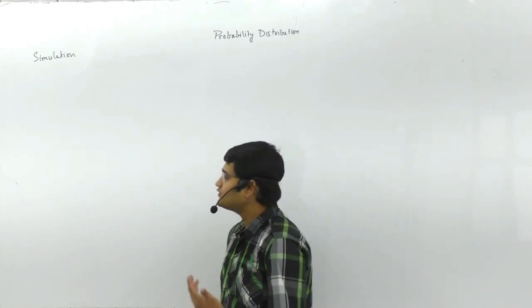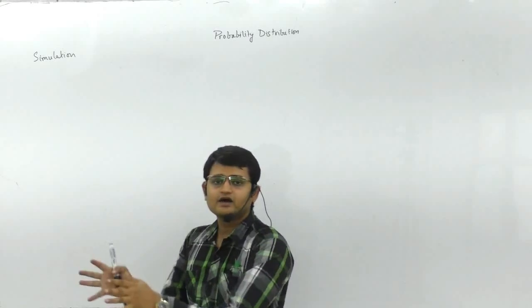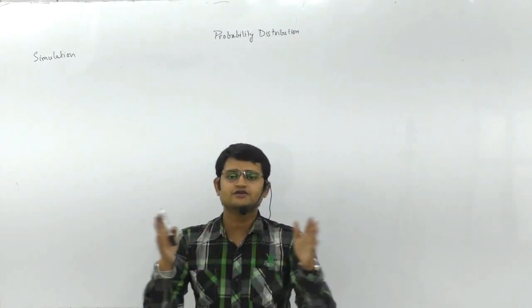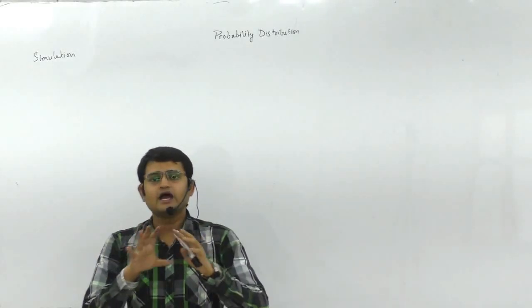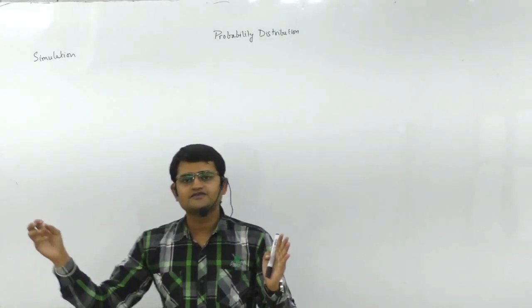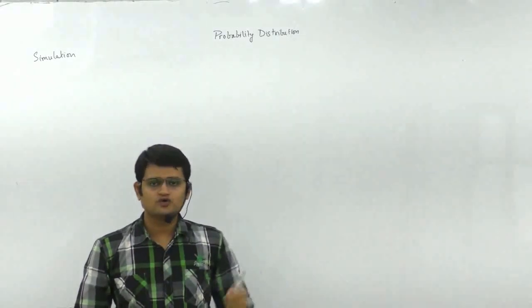So for that, what we need is some kind of data points that we can put in our particular formula to get some kind of output. Now any hypothesis will give you some kind of formula that will have some kind of input, and that should give us a predictable output.